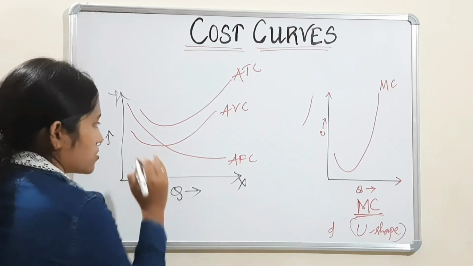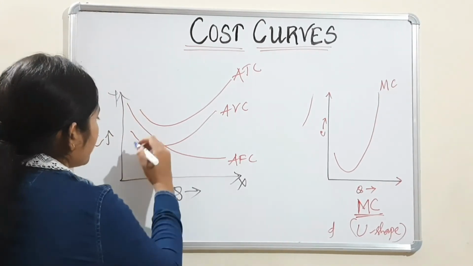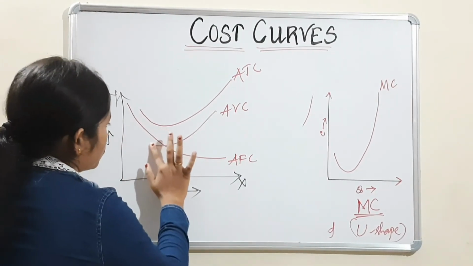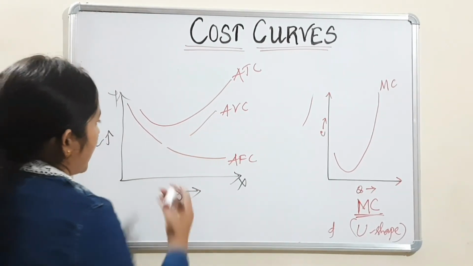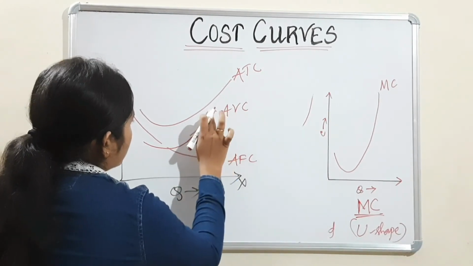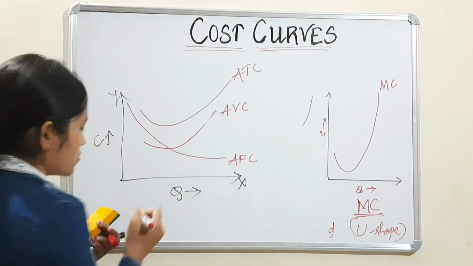The marginal cost curve is a U-shaped curve. Just a small change I have to make. So this is your average variable cost, and this is your average fixed cost.